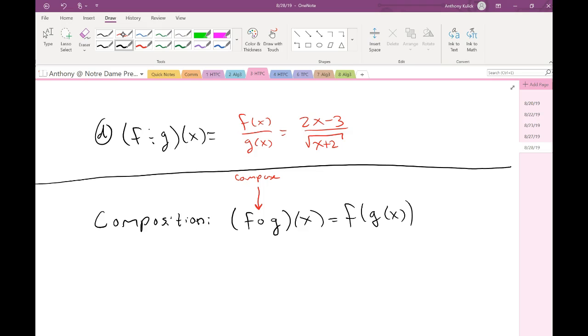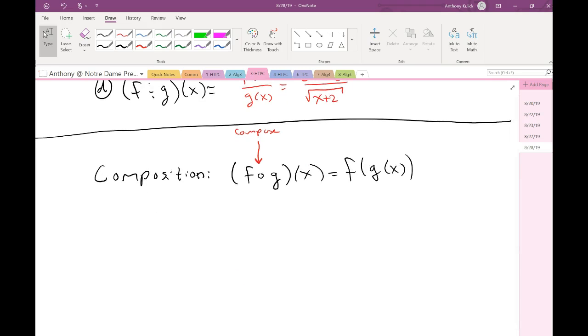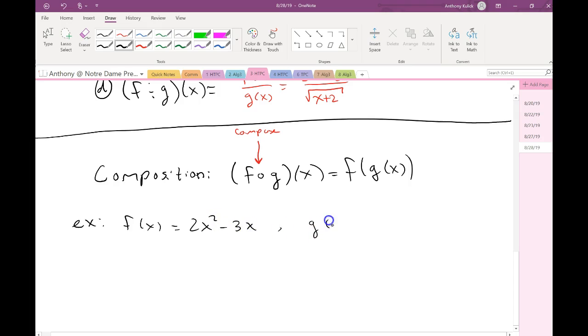All right, let's do an example to just refresh how we do these compositions. Let's say that f of x is 2x squared minus 3x, and g of x is negative 3x plus 4. Then let's practice a couple of compositions here.